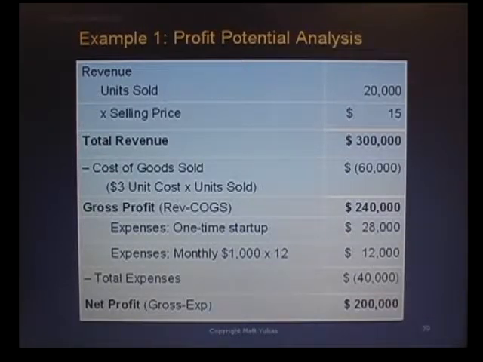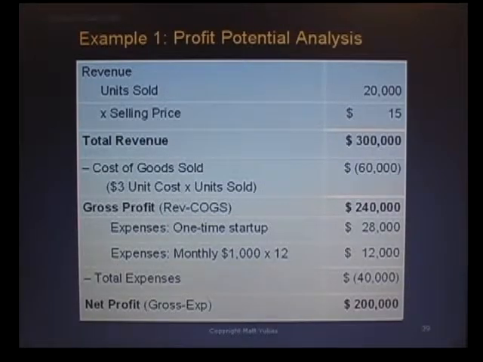So your gross profit, your revenue minus your cost of goods sold, is $240,000. Let's say your startup expenses are $28,000, and let's say you're spending $1,000 a month on different marketing campaigns. 12 and 28 is 40. So your net profit now is $200,000.